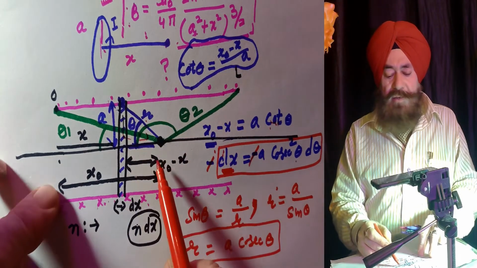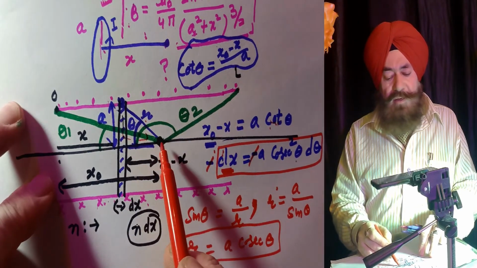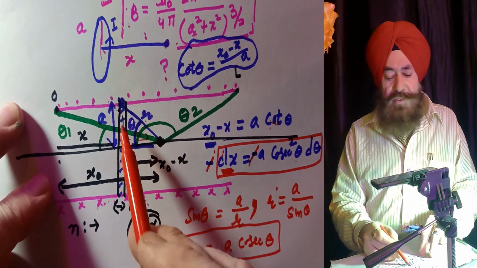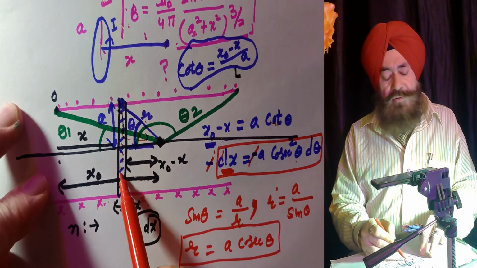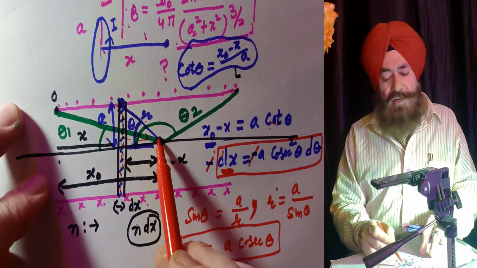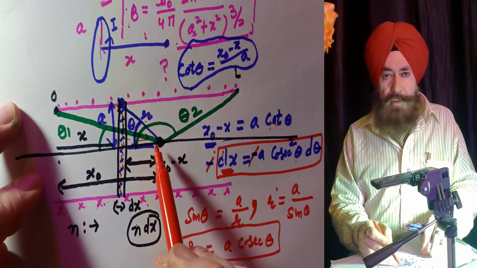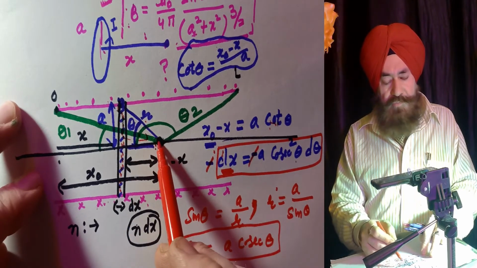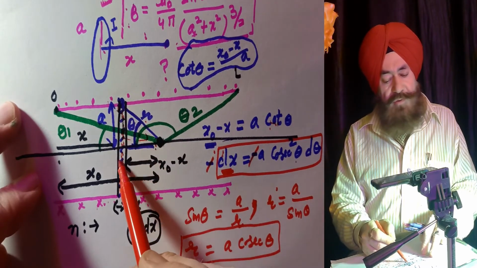Now I am writing the magnetic field here due to this section of the coil or solenoid. What is the field here due to this section of the solenoid?